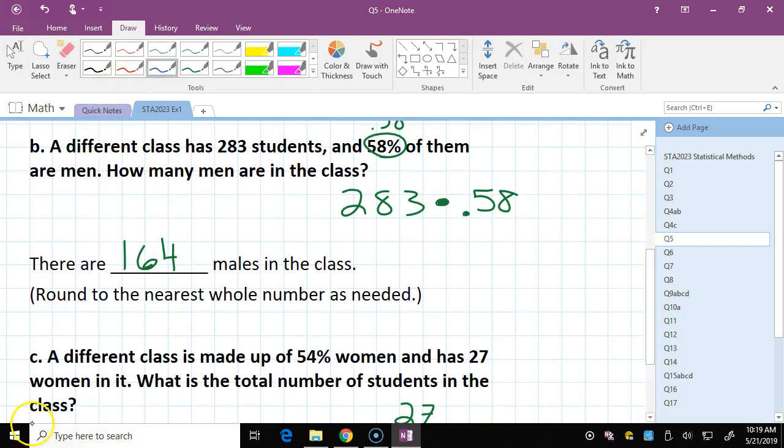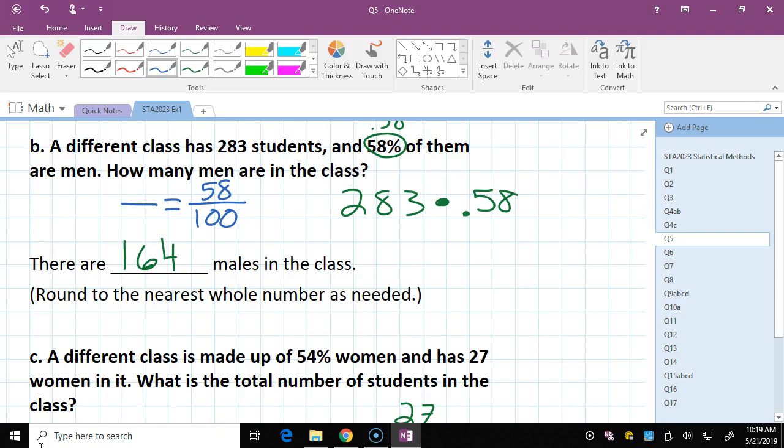So we're talking about a class versus the percent. We know percents are out of what? 100. And we put our percent above this. This is the part, this is the total. The numerator is the part, the denominator is the total. So we can use that same logic over here.